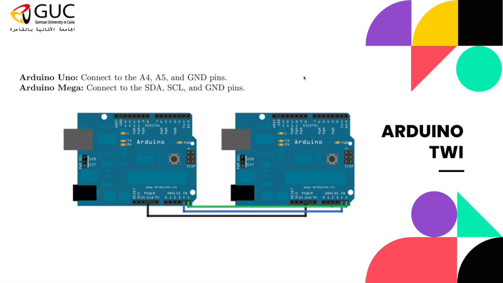So do not get confused. SDA and SCL on the Arduino Uno development board are called A4 and A5. However, on the Arduino Mega, they are written on the board as SDA and SCL. On the Arduino Uno, they are not written SDA and SCL. They are written A4 and A5.